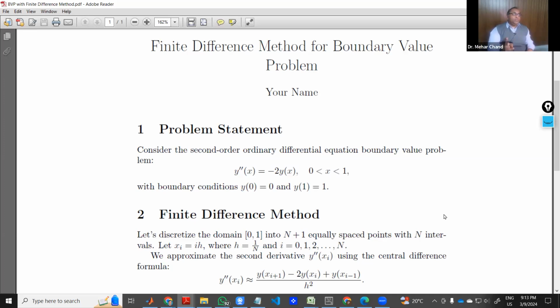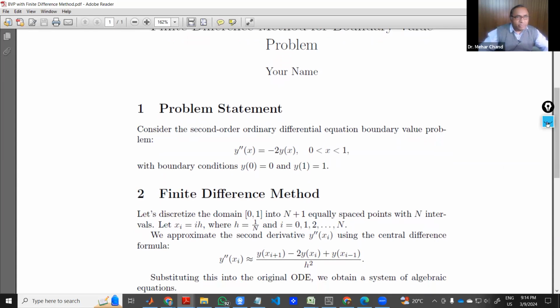These two methods are highly useful for different types of boundary value problems because of their convergence and easy implementation. There is some similarity with the approach when we solve an initial value problem by using the finite difference method, so the approach will be the same, but we are discussing it with one example.